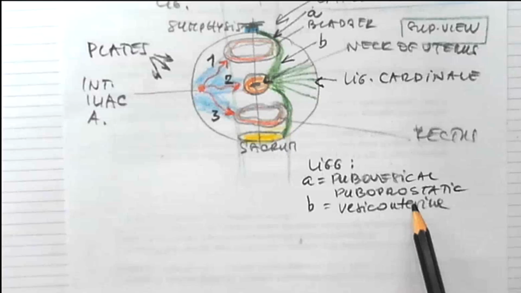Rectosacral is correct. So we see the ligaments, stabilizing ligaments, also stabilizing the position of the uterus, and returning back to the plates.